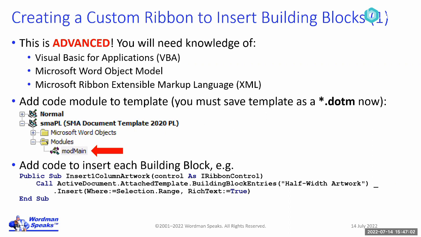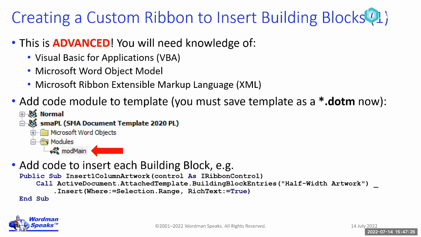For example, here it says insert one column artwork. That's going to be our piece of code, and it's going to call the active document attached template. So I'm in my document now. Go and access the template associated with this document, and go and get this very specific building block entry called half width artwork. And then insert it.